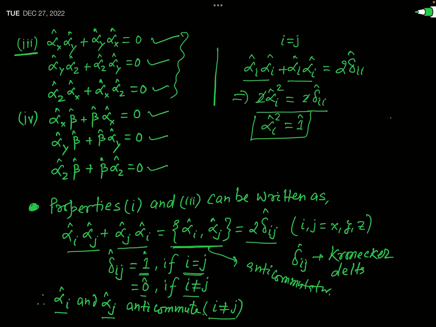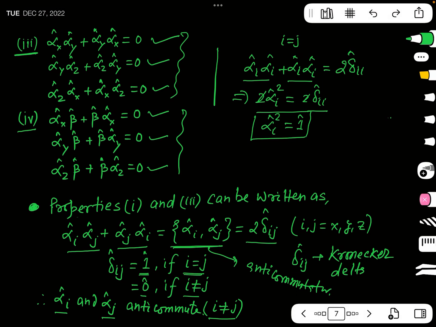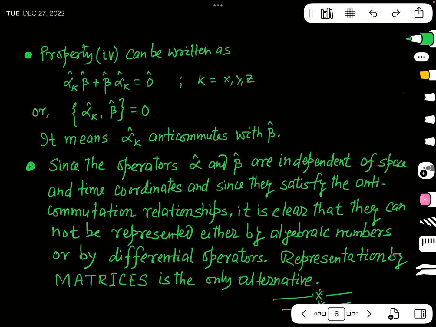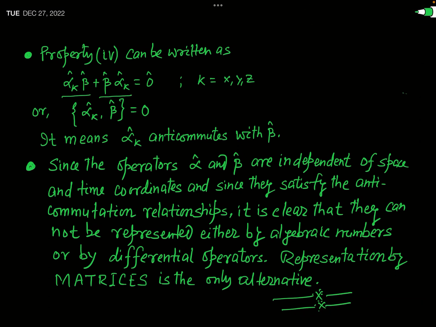Now see these properties which I have mentioned in number 4. Here actually you can also see that this is also the expression for anti-commutator. Actually all these three relations can be written like this: alpha k beta plus beta alpha k will be equal to 0.